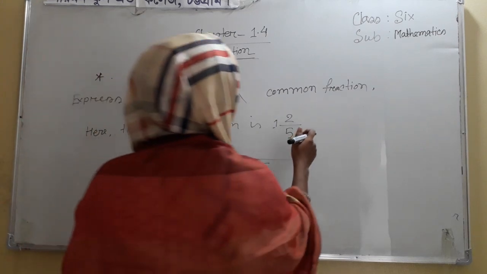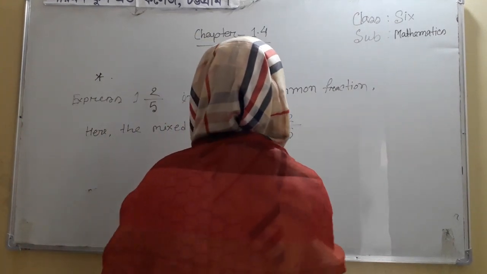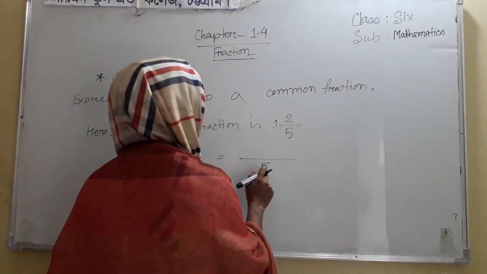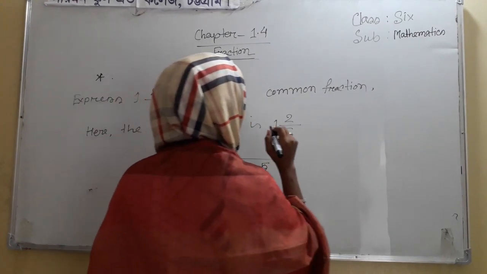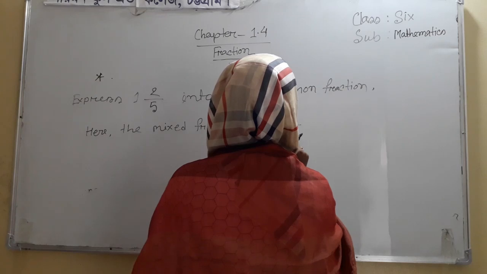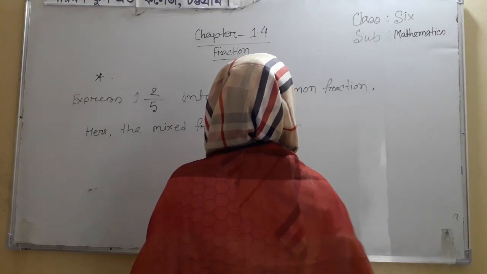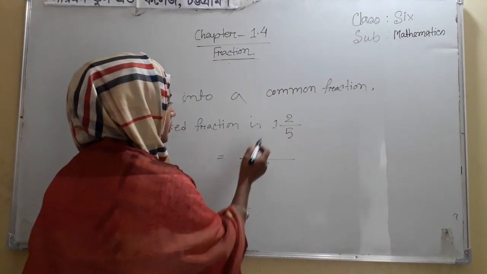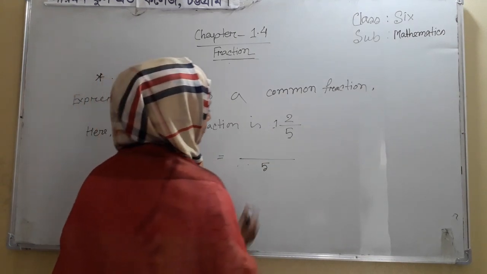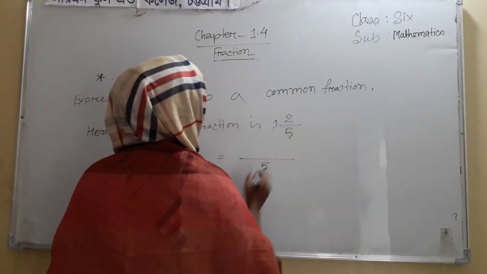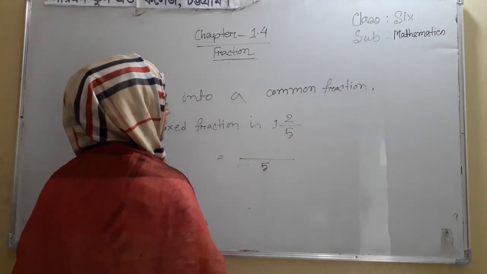We see that denominator is 5. Now we write denominator is 5. To convert to common fraction, we have to multiply integral part and denominator. That means here integral part is 1 and denominator is 5. We multiply 1 and 5.